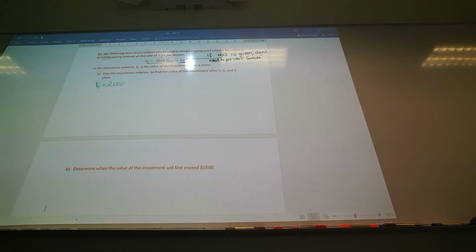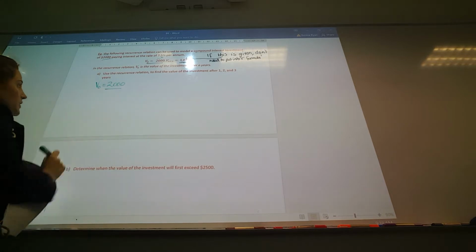That's after no years. It doesn't take us a year to walk into the bank and put the money in. That's what it's starting at. That is no years. That's why it's 0, not 1. Make sense?